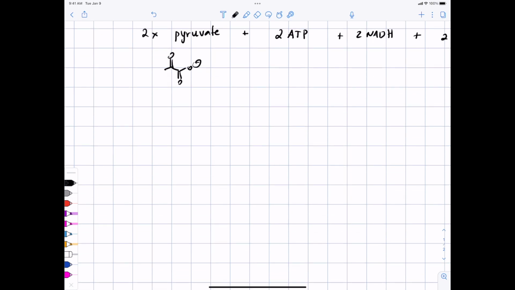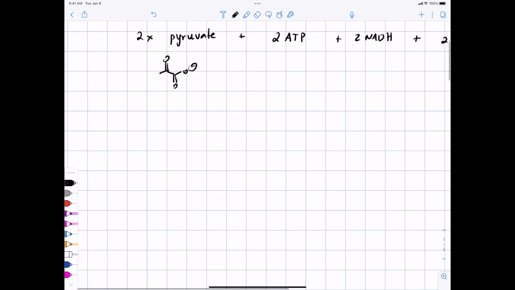Excitement. All right, so there are 9 or 10 reactions in glycolysis, and some of them involve what's called the investment phase, where we're actually going to be consuming molecules of ATP in order to get the glucose molecule rearranged to the point where we can break it apart into different pieces.